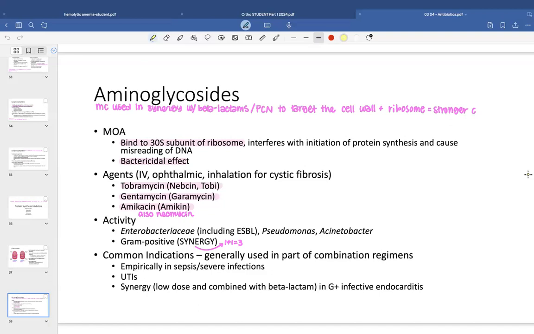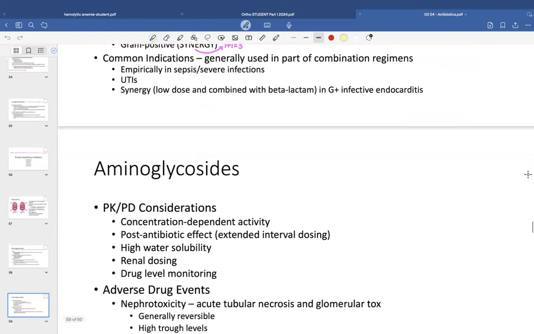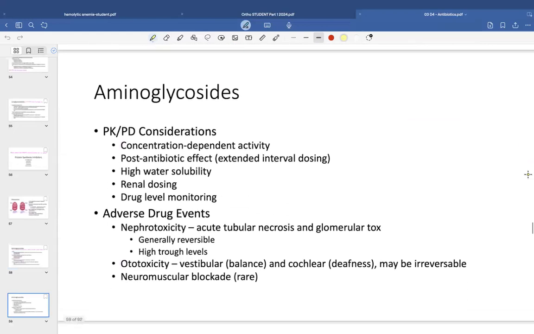And this is kind of the poster child for concentration dependent. So here we rely on high blood levels, at least the first part of the dosing interval, then a post-antibiotic effect. They distribute well into your body water.